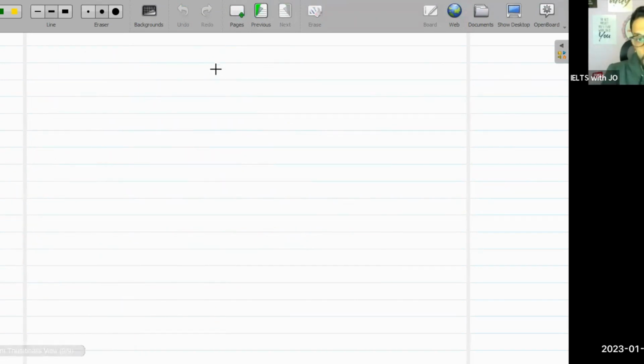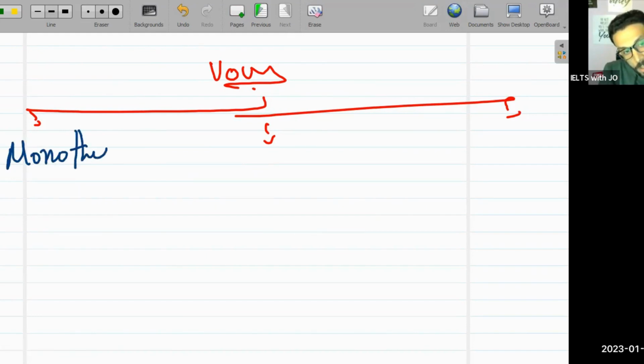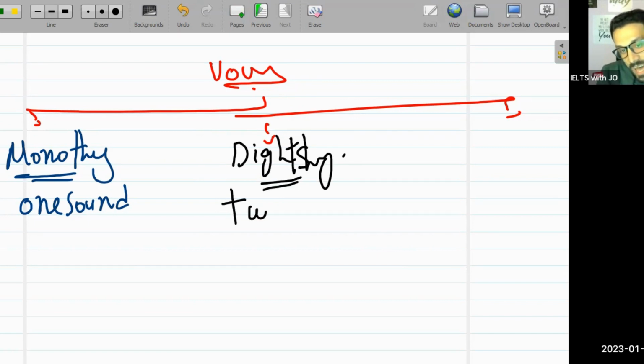The vowels in the British accent are divided into three main types. The first is the monophthong, a Latin word meaning one sound. Then we have the diphthong, which means two sounds.